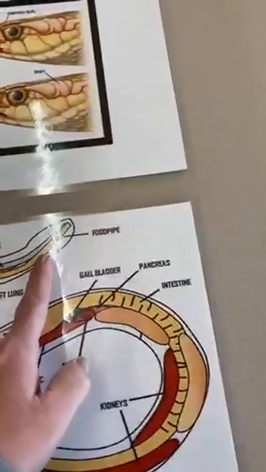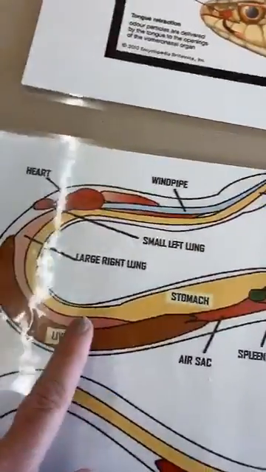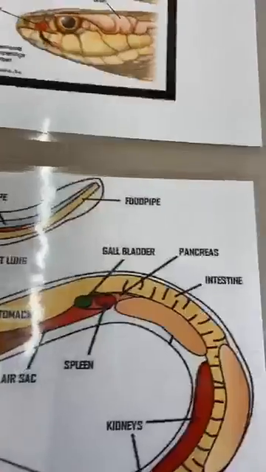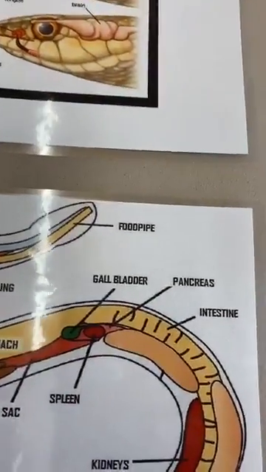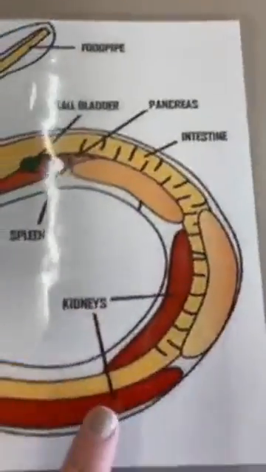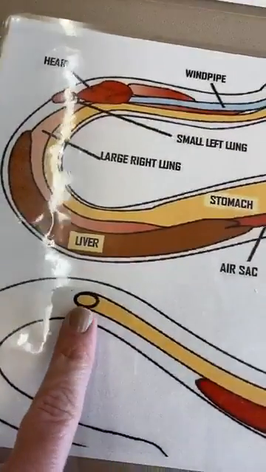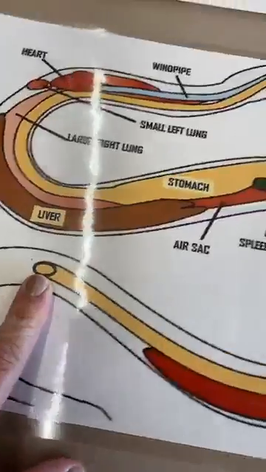Starting right here at its mouth, it goes down, curves around, and that's where the digestion starts. Its stomach is right here, and then its intestines go all the way down around as well, until you get to the end. That's called the vent. That's where all of the waste comes out.